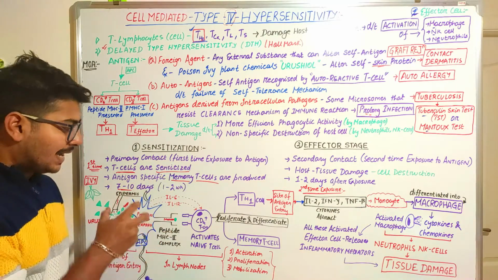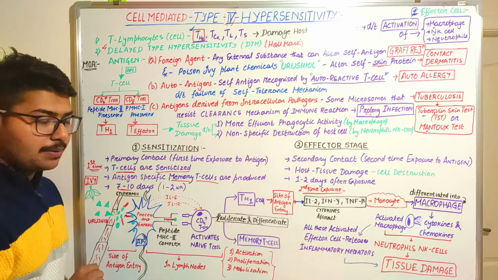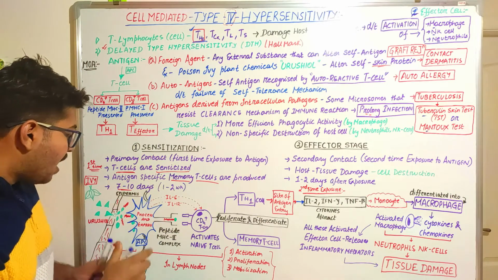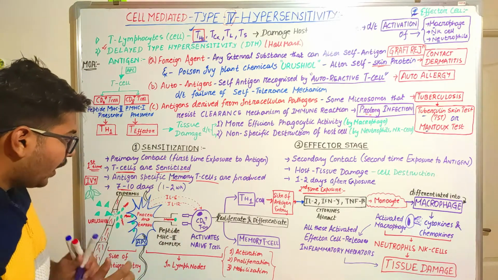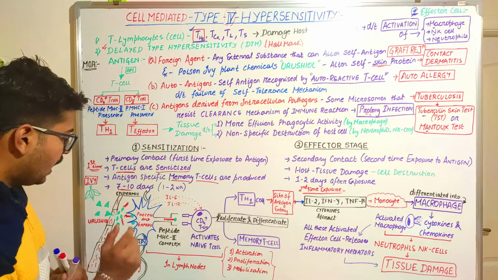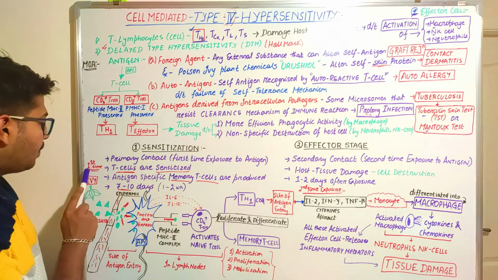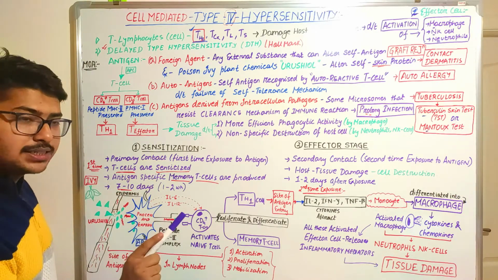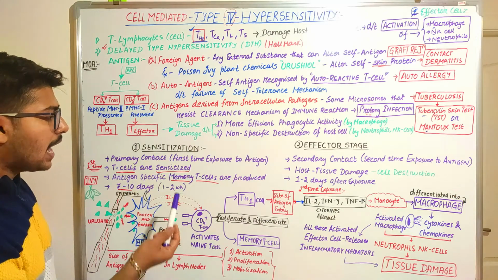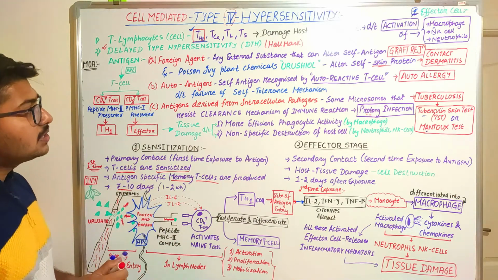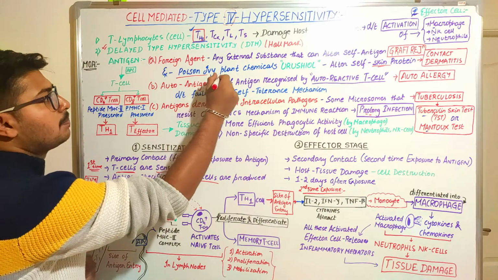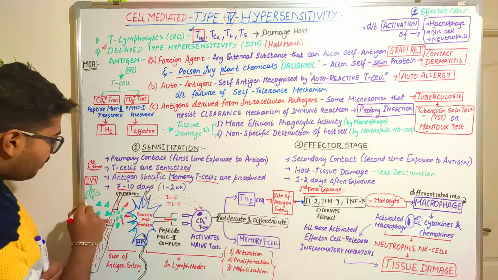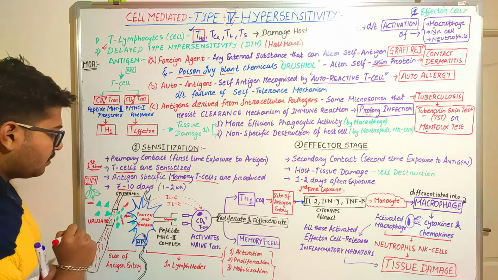So what happens? Let's see this diagram. I have drawn this diagram to explain the sensitization stage. You can see here that upon first time exposure of the antigen, and what is the antigen here? I have taken the example of the leaf of the ivy poison plant.